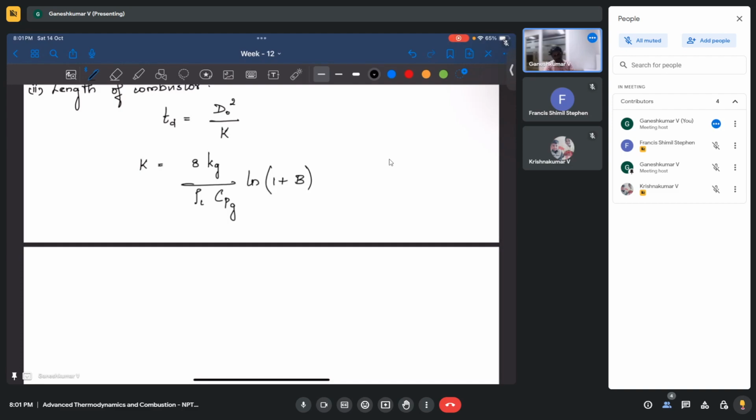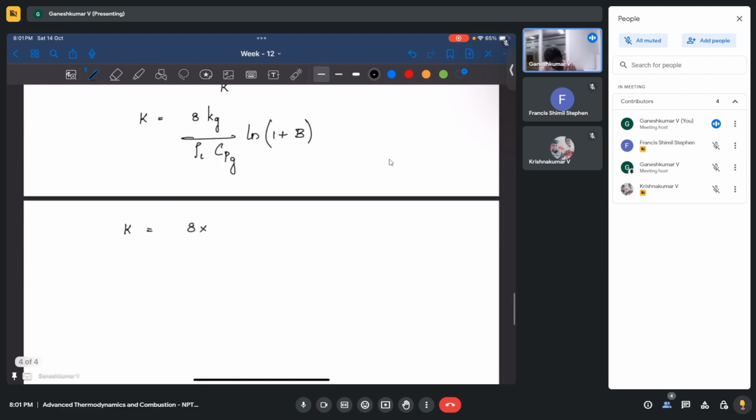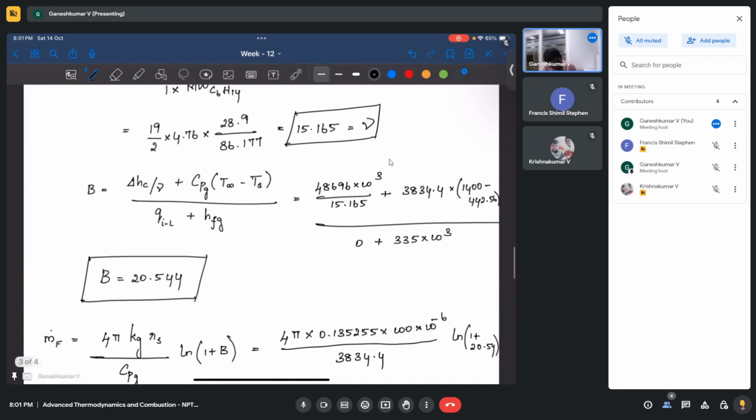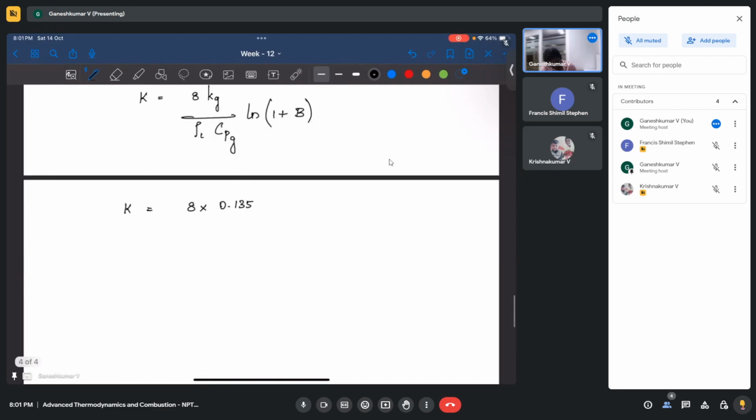Luckily we already found B, so we don't need to repeat that calculation. We will just multiply all the properties. kg we found to be 0.135, I think it's a little bit bigger than that. Yeah, 0.135255, divided by rho L, 665, I guess.